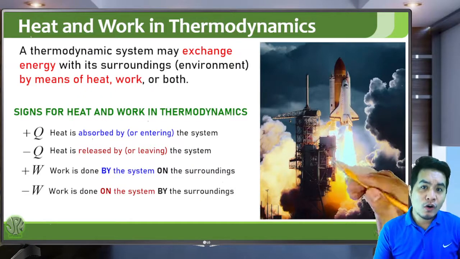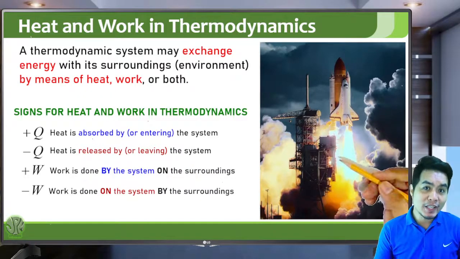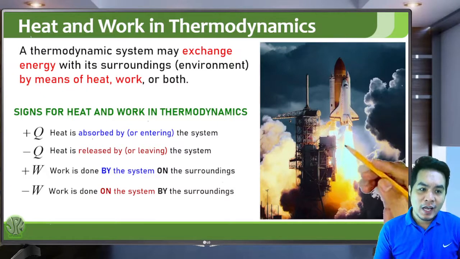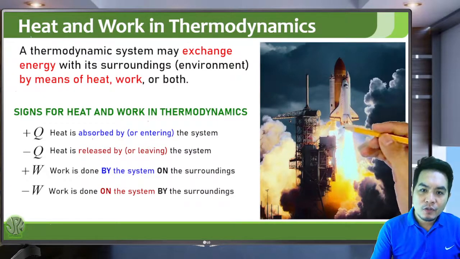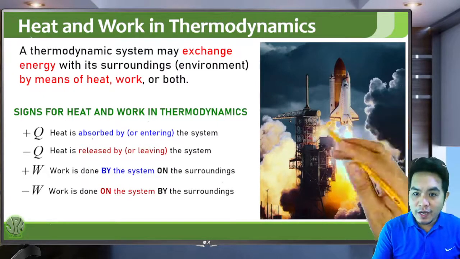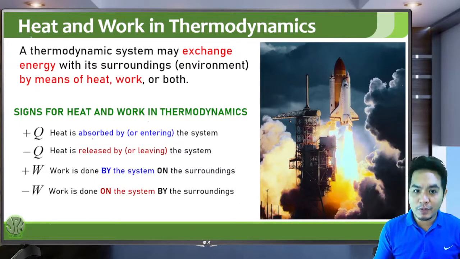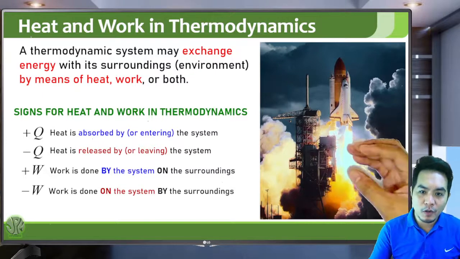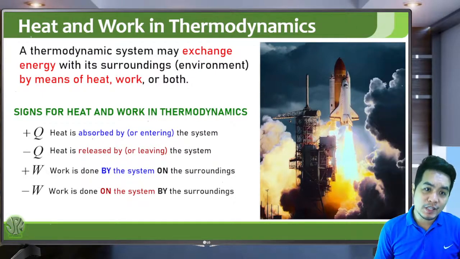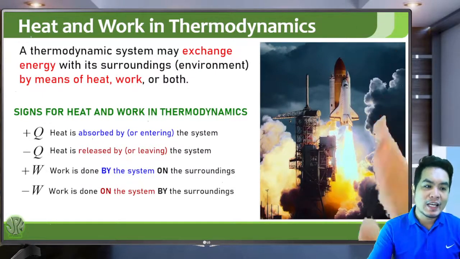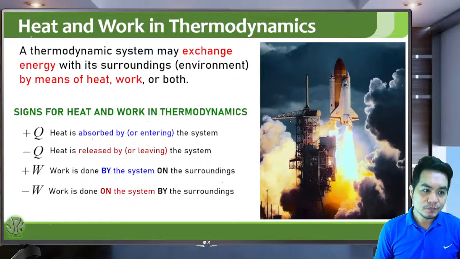So there's work done by the rocket. This work pushes the air below it, and by virtue of Newton's third law of motion, the air will also push it upwards in the opposite direction. So it will propel the rocket upwards.